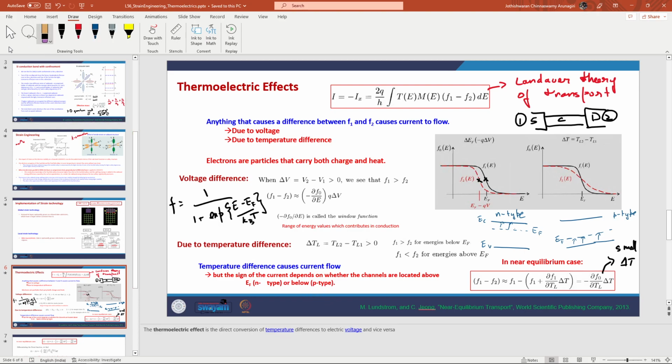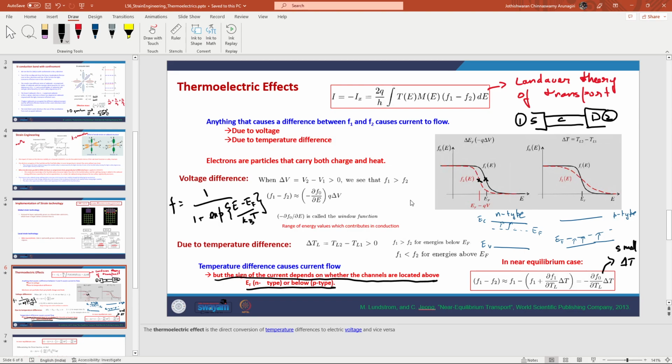Previously, when we were talking about voltage biasing, we knew how the electrons were going to move.